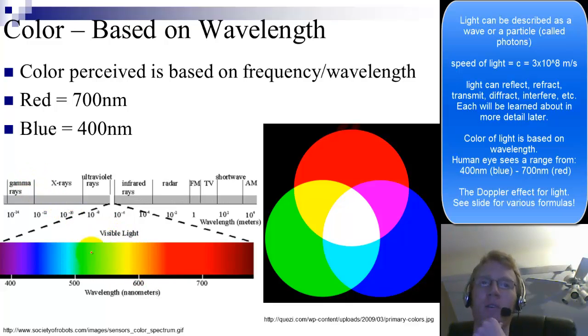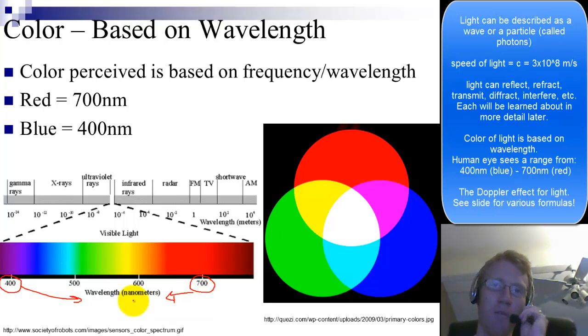The human eye, though, is only sensitive to a very small range of frequencies or wavelengths. The human eye is sensitive to roughly 400 to 700 nanometers in size. You should probably memorize that the human eyeball has a range of 400 to 700 nanometers.